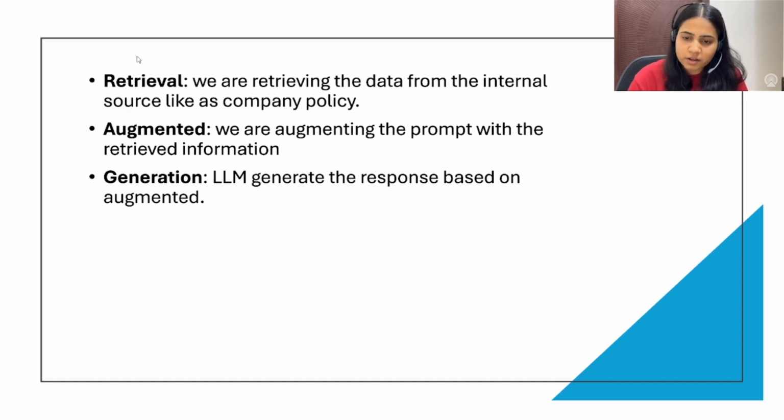Whatever information we retrieved from the retrieval part, we augment it with our prompt here. And then in generation, the LLM will generate the responses based on the augmentation, according to the information we provided during the augmentation process.